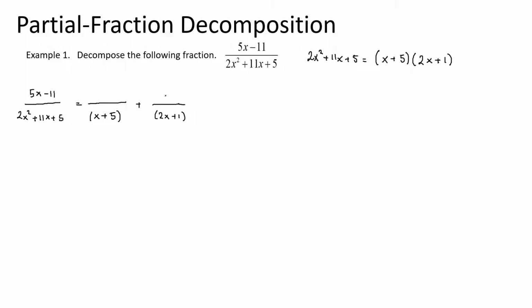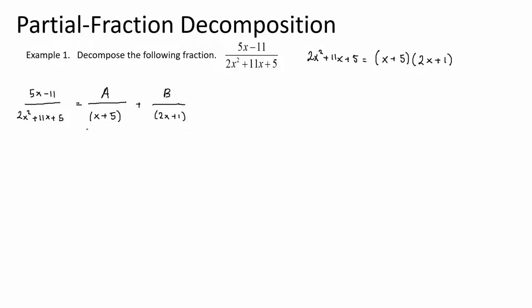Now to figure out the numerator, your numerator will have a degree one less than your denominator. In this case, your denominator is a linear function, so one less degree will be a constant, which we notate with the letter A. 2x plus 1, once again, is a linear function, so one less degree will be a constant, which I'm going to notate with B.